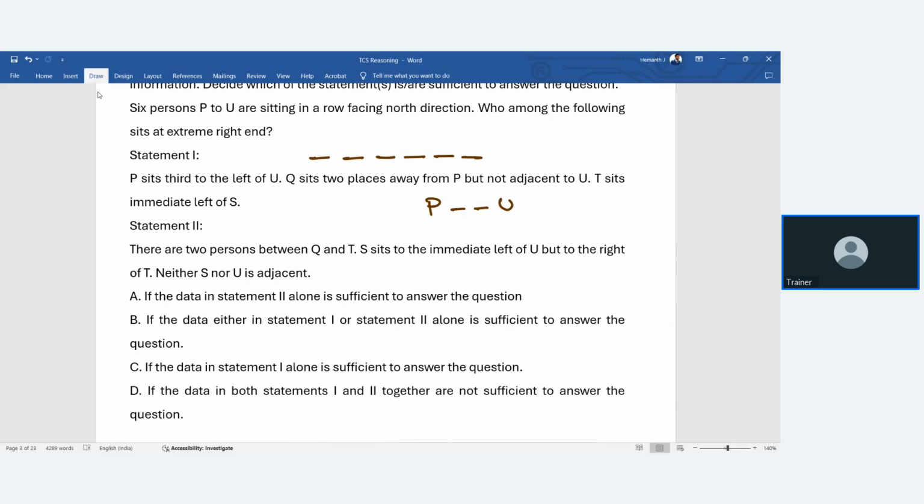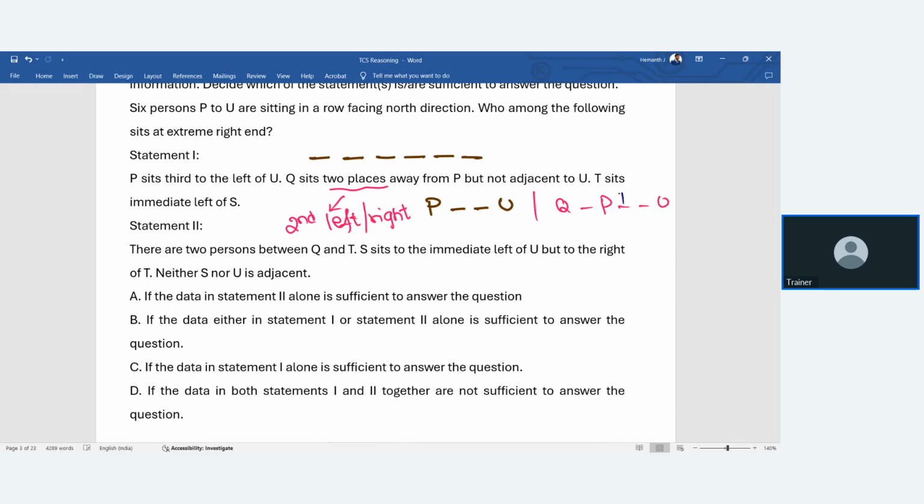It is like second left or second right. If it is coming to the right side, it will be adjacent to U. They said it's not adjacent to U, so Q, P, 2 blanks, U. T sits immediate left of S, which means only here is the slot available.